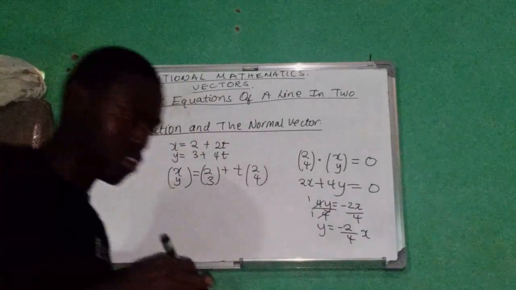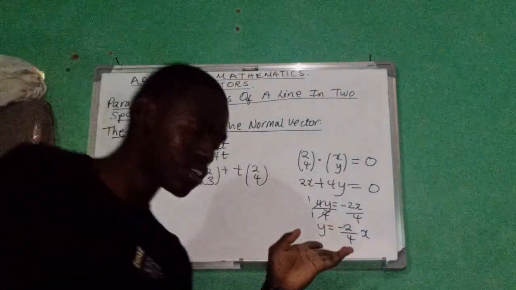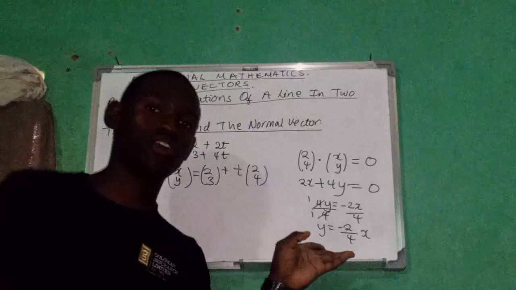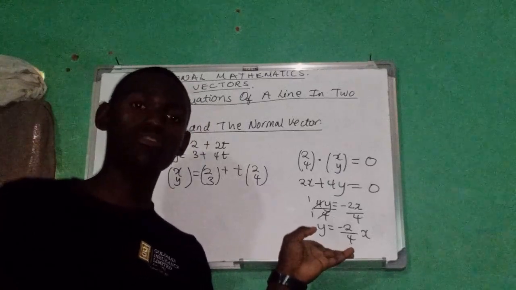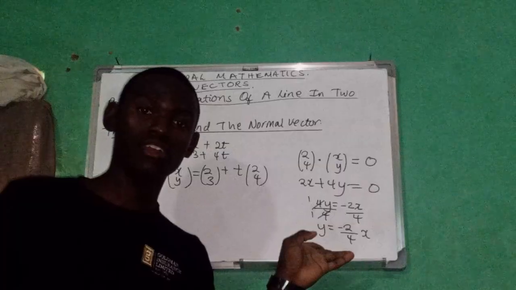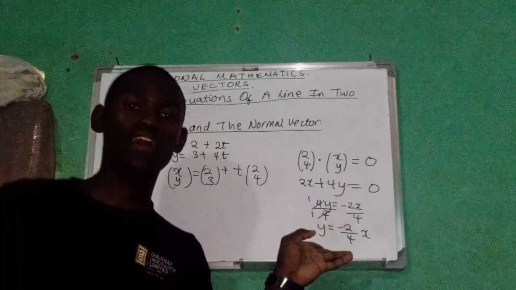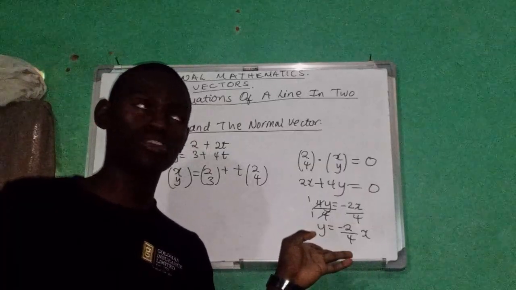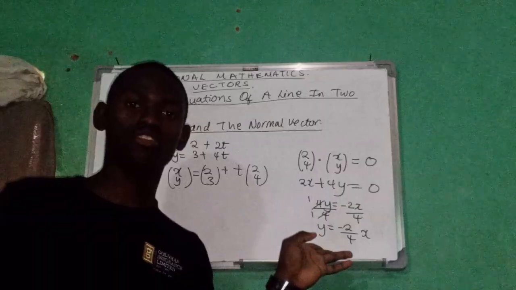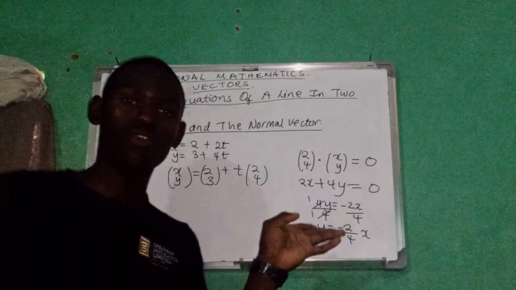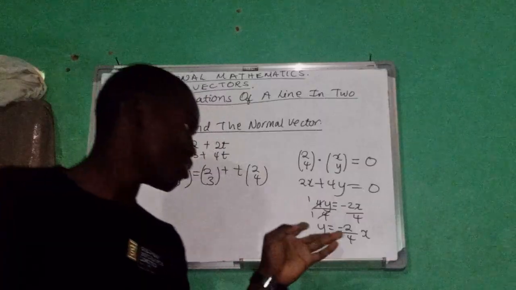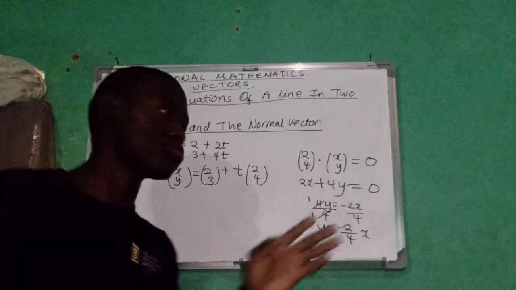Now, some of you may not be comfortable, but it's advised that you do not reduce the direction vector or the normal vector when answering. Because when you reduce, it's like you change the solution, like your answer is now invalid. So leave it in its unreduced form.